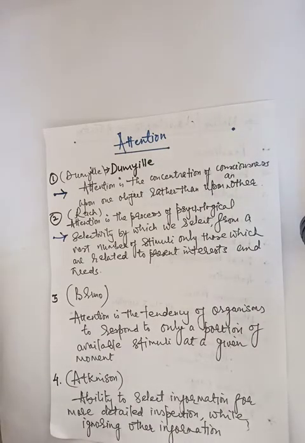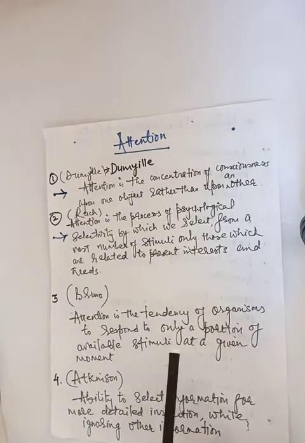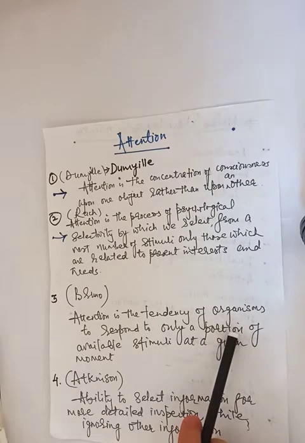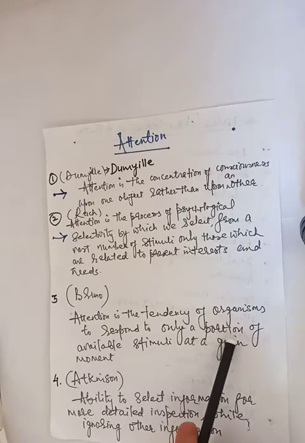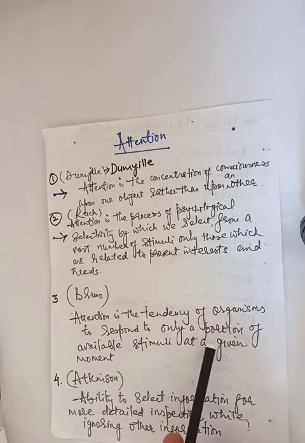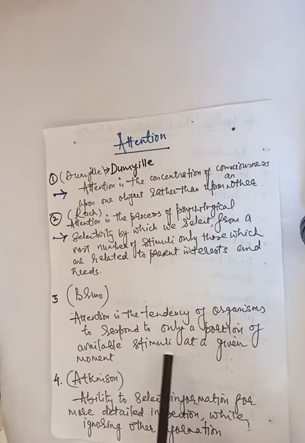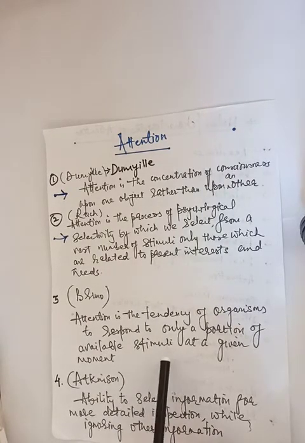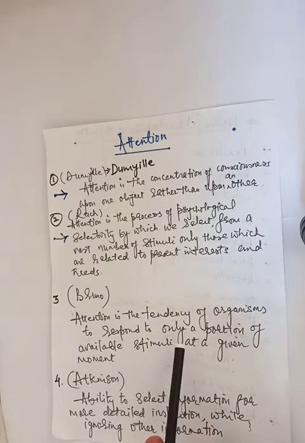So according to Bruno, attention is the tendency of organisms, that is, when out of many stimuli only few are selected for responding, then we say that the organism is paying attention to only those few or only that one out of many stimuli for its response.